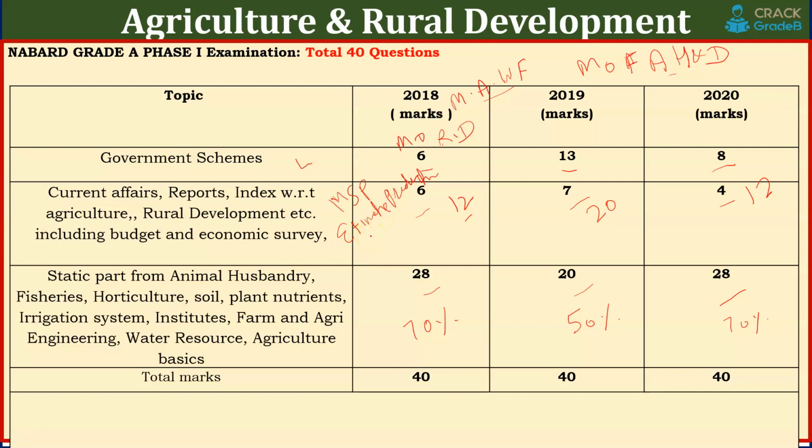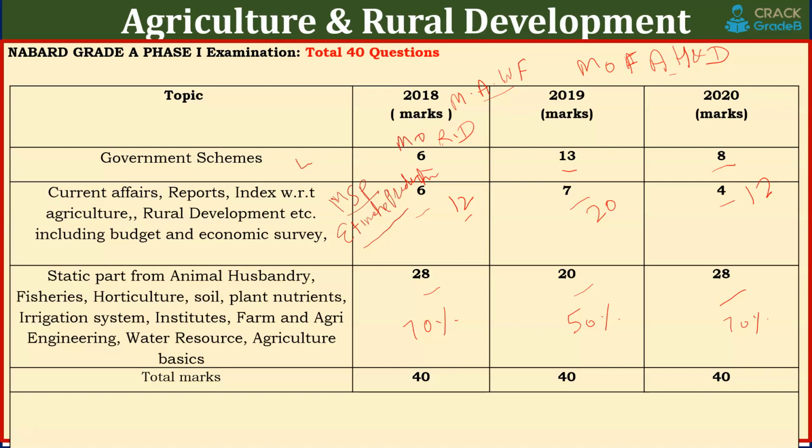And area under production, you also cover, and various schemes specifically for agriculture and farmer welfare, and the Ministry of Fisheries, Animal Husbandry and Dairying, you have to cover in the current affairs part also. These are very important reports. I had already mentioned MSP, estimates of production of food grains and horticulture production, area under production, and export import highlights of agriculture and fisheries.